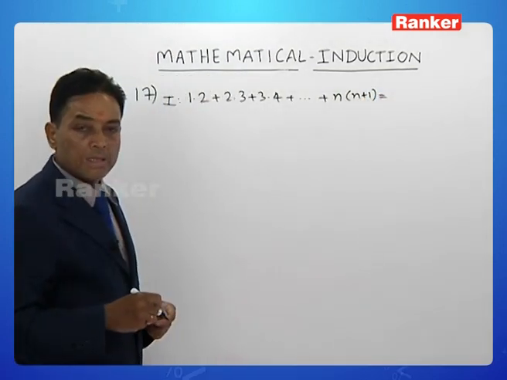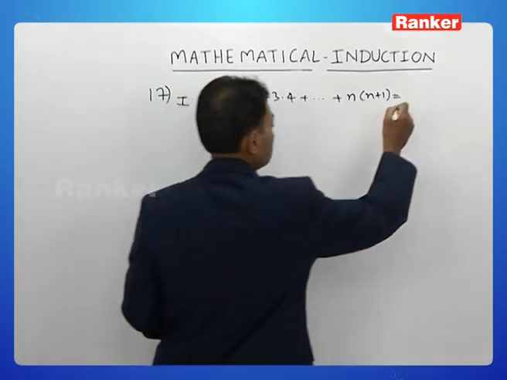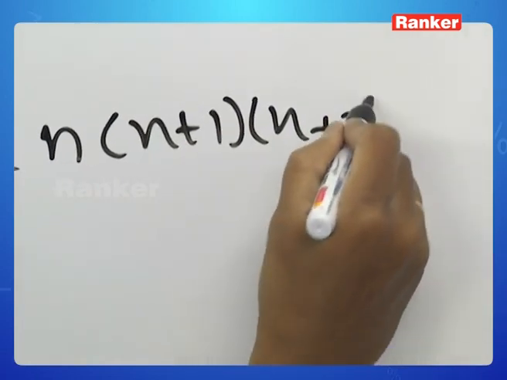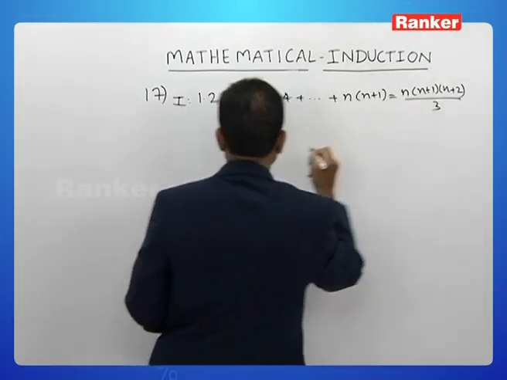Given that n into n plus 1 into n plus 2 by 3. First let us see whether this is right or wrong. This is one statement.